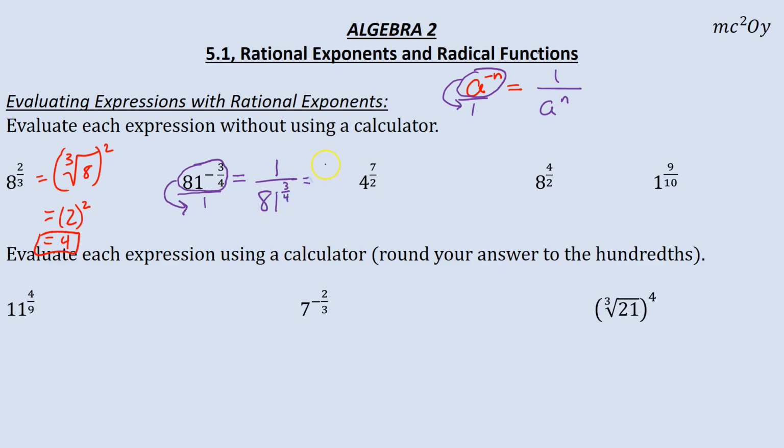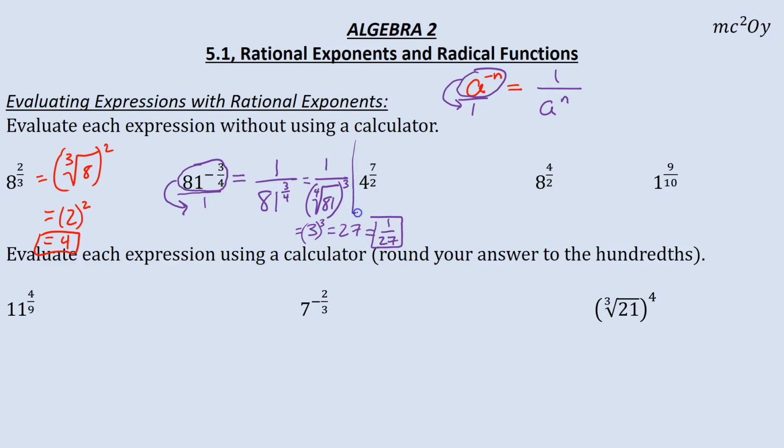And then let's go ahead and write that as 1 over the 4th root of 81 cubed. Okay, well, the 4th root of 81 is 3. And 3 to the 3rd power is 27. So this becomes a solution of, I'm kind of moving into the next problem, but it's 1 over 27.